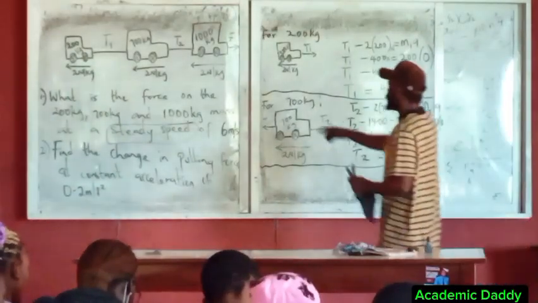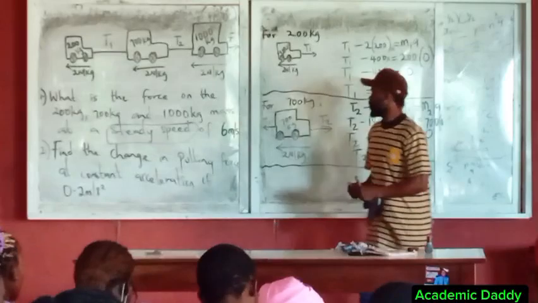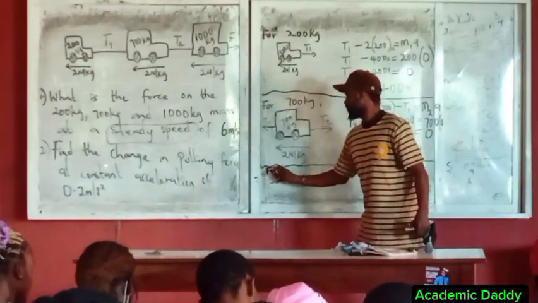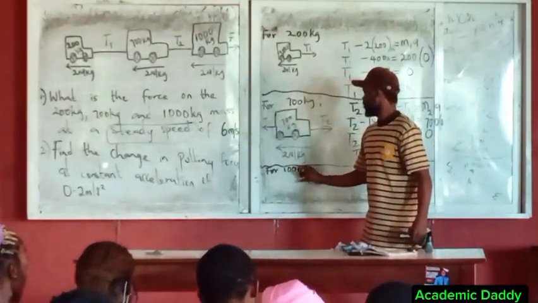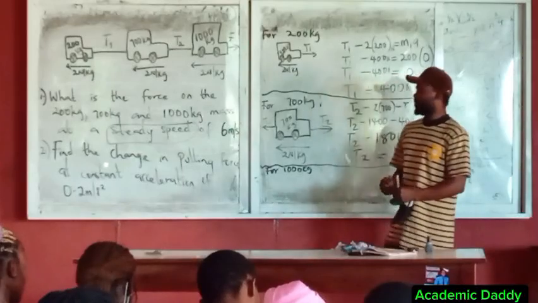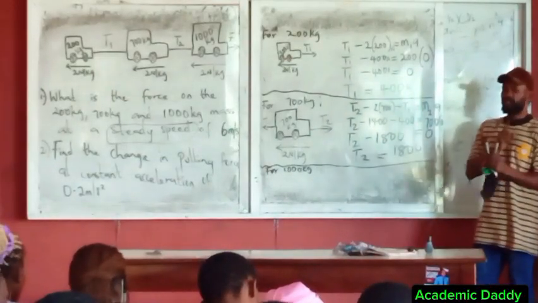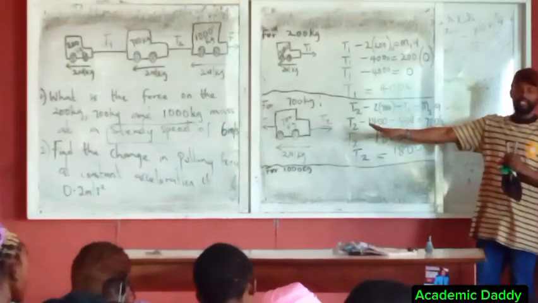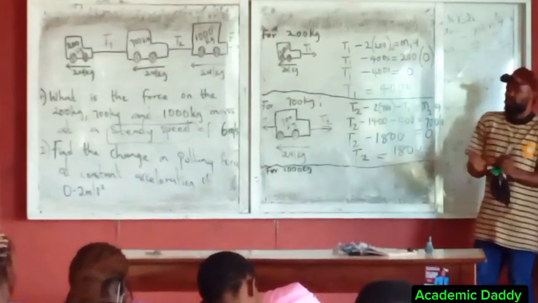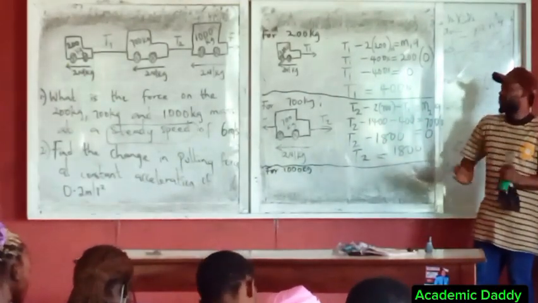So now let's do the last one. For 1000 kg, we'll still draw it. Remember how I'm drawing it: when I draw it, it is so that there will be no confusion. When you learn this properly, drawing it or doing anything you are doing to be sure your answer is correct will not be hard.